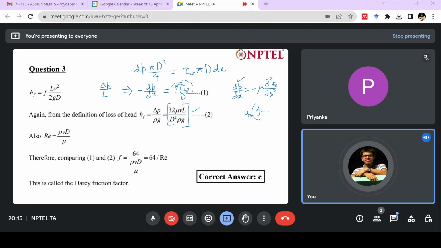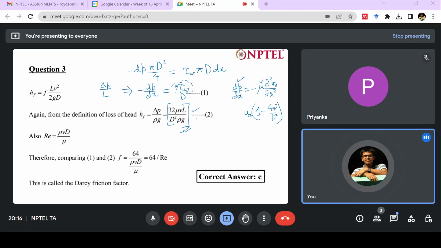Something like this, 4 r square by d square. So this is a parabolic profile, and this u value you will get using this. Some viscosity will be there, and some other terms including diameter. So from there you can get tau wall, and from there you can get this relation.